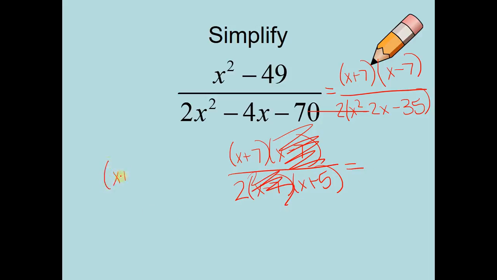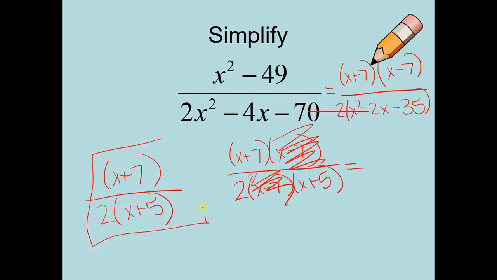So I got x plus 7 on the top, 2, x plus 5 on the bottom, it looks like. Nothing else to simplify, so that has got to be my final answer.